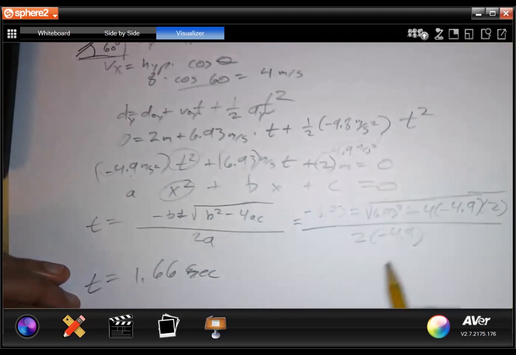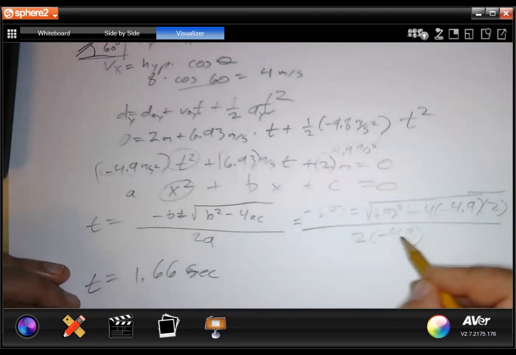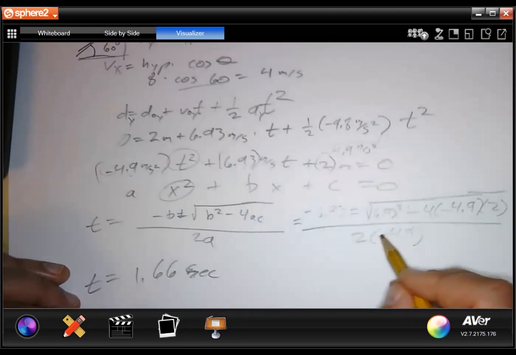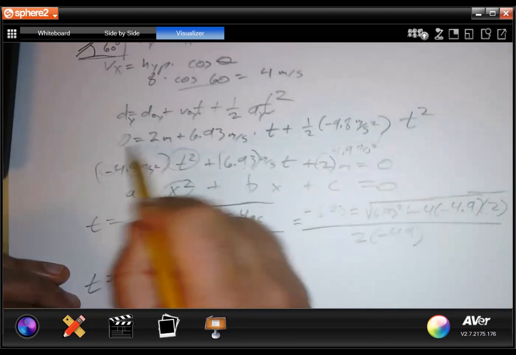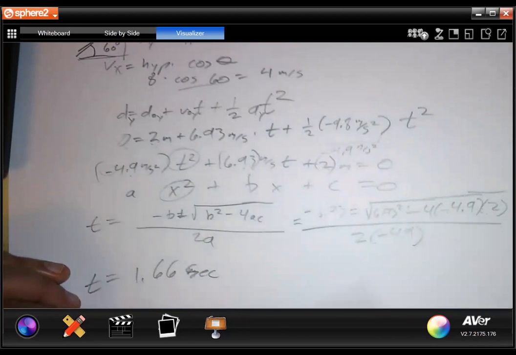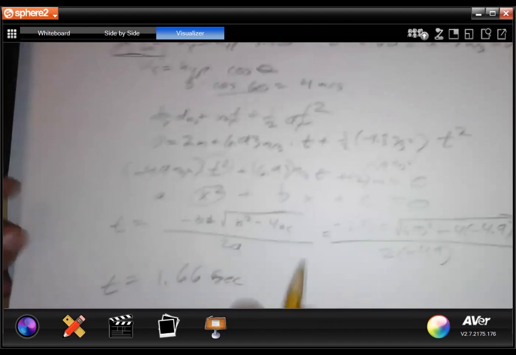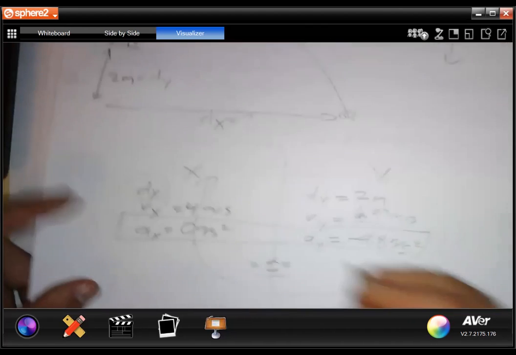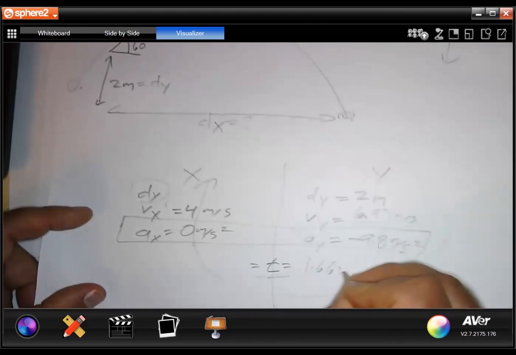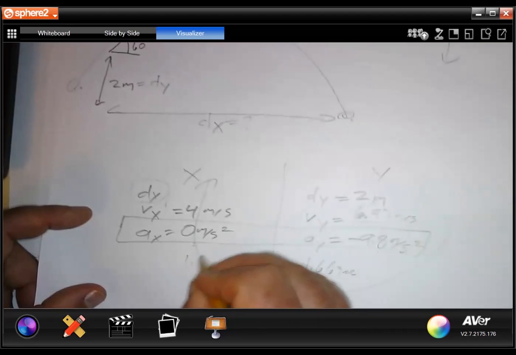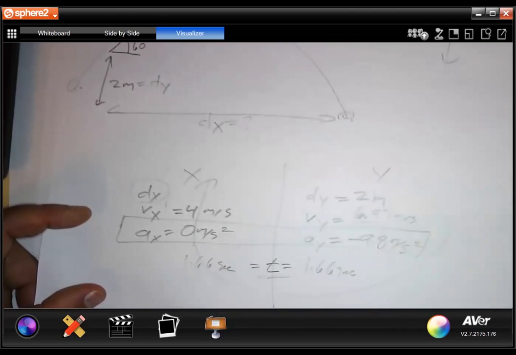Make sure your negatives are in the right place. One of the things I got wrong in the earlier question is I got these transposed, which threw out that number, which is why I got an earlier mistake on third period. All right, so that was 1.66 seconds, which means this is 1.66 seconds.